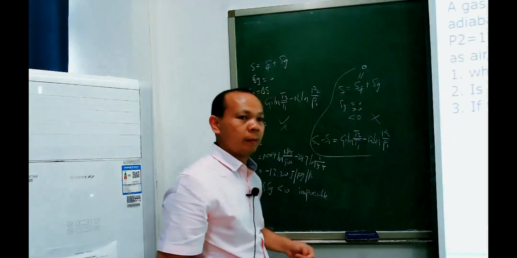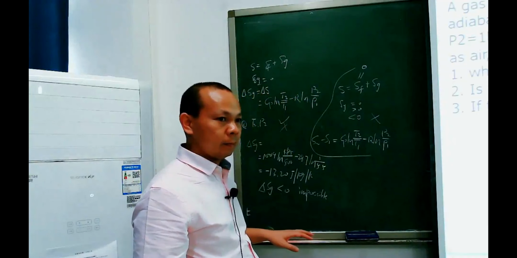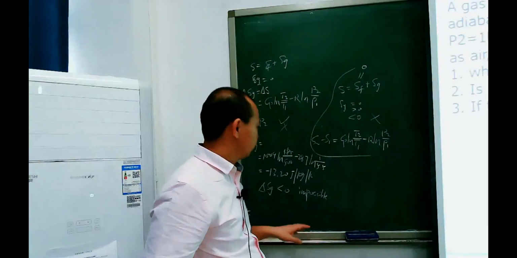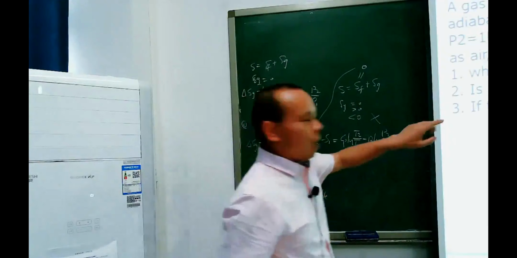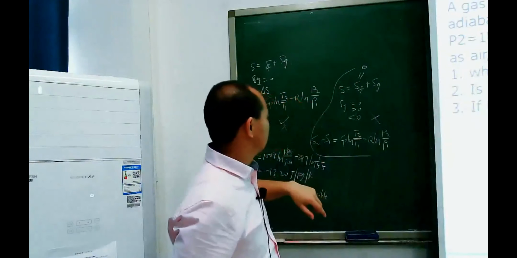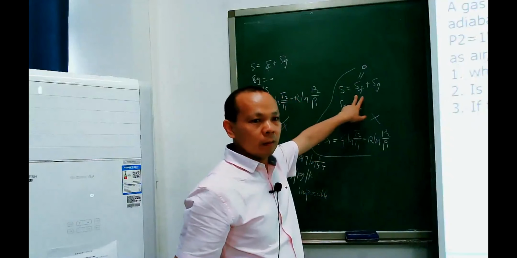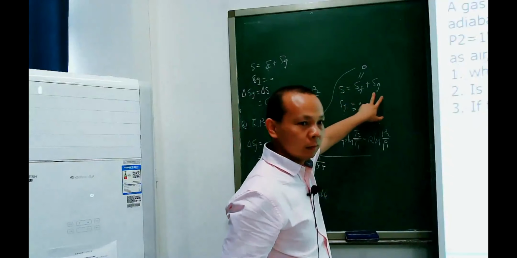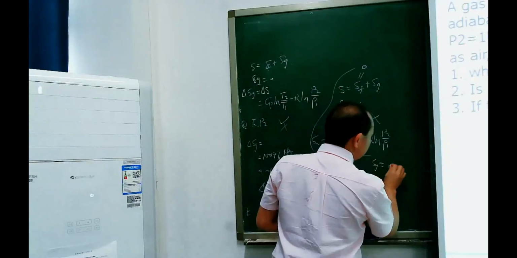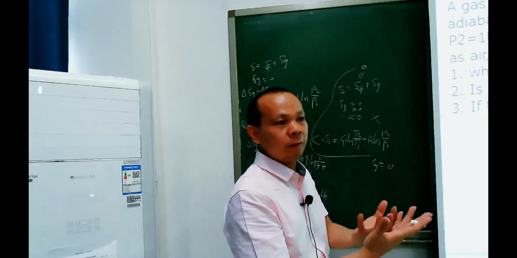Now we just ask, why is this equal to 0? If delta SG is equal to 0, which means it's a reversible process or reversible cycle.